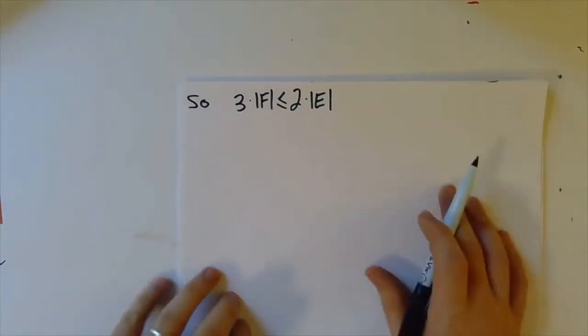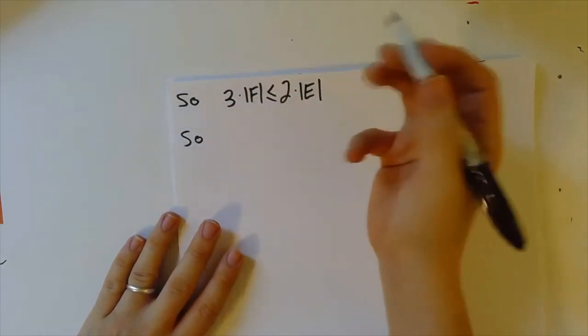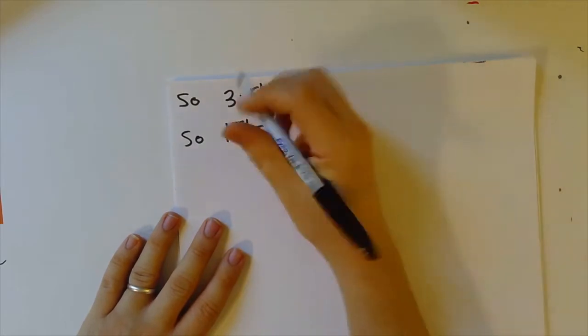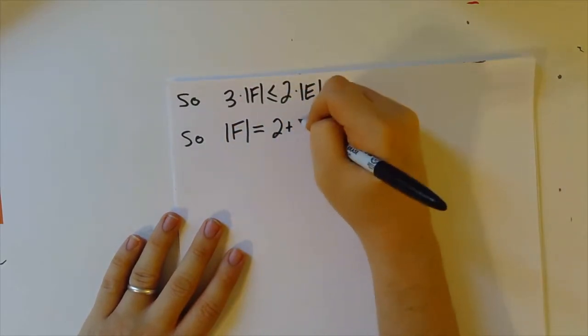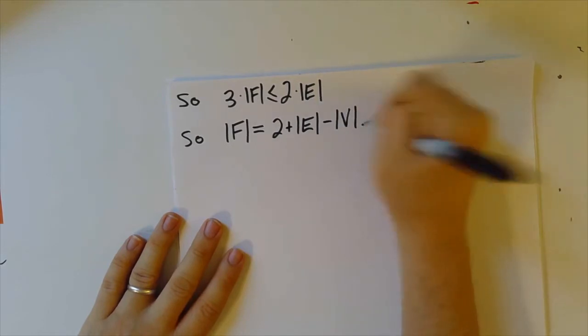So I'm going to use that. Namely, the number of faces is 2 plus the number of edges minus the number of vertices.